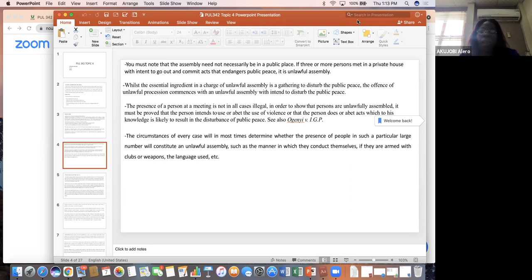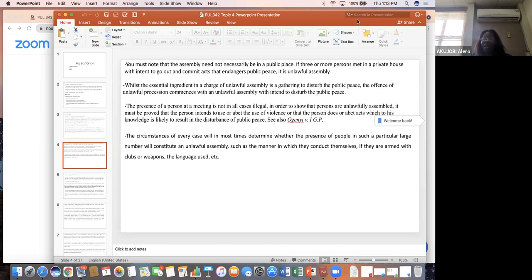Now, it's necessary we realize that the circumstances of every case will most times determine whether the presence of people in a particular place will constitute an unlawful assembly, such as the manner in which they conduct themselves. This is what I've been saying. It is not just gathering together that is the problem. People can gather together for whatever they want. But it's the manner they conduct themselves, the way the gathering later turns out to be.